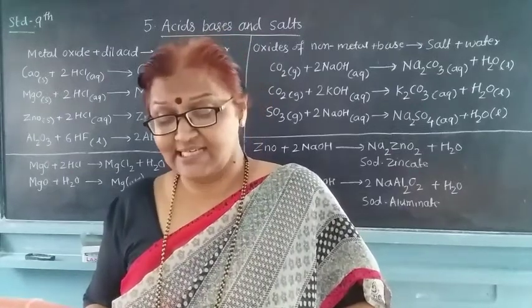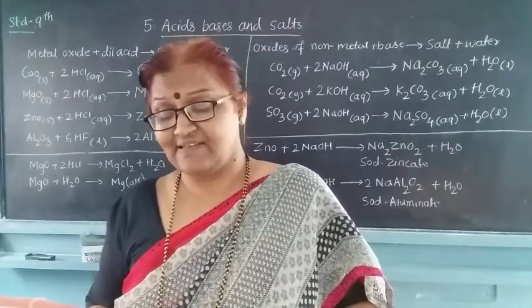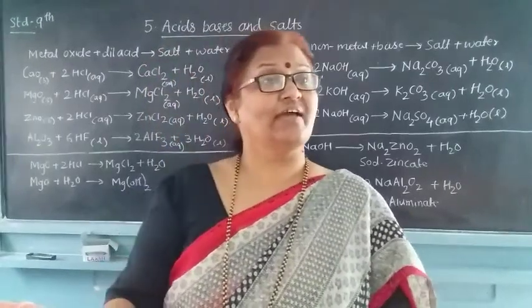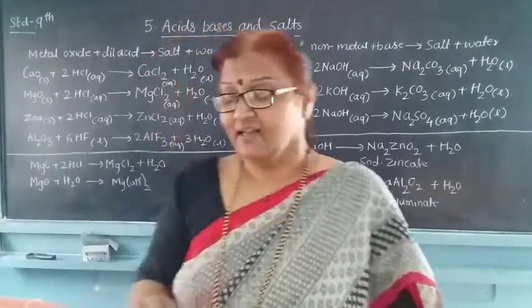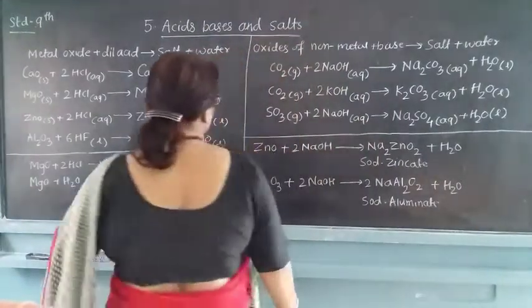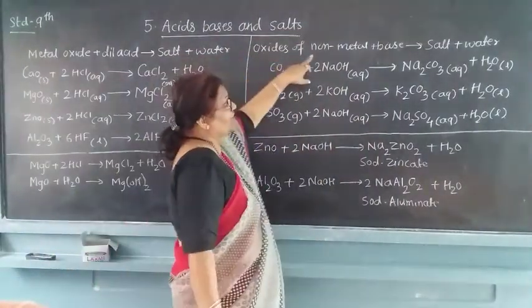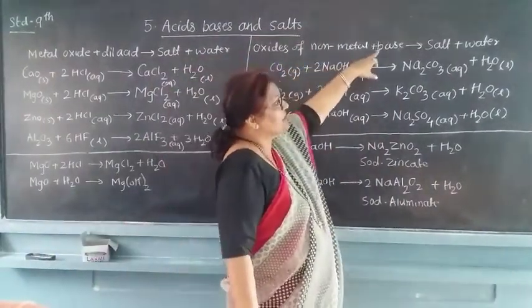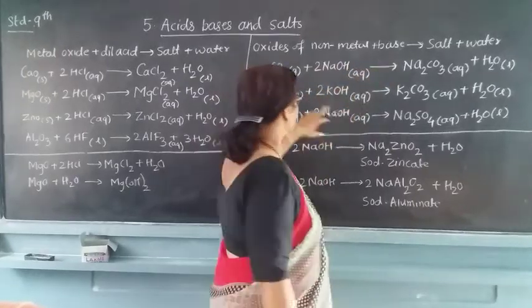Whenever the bases react with the oxides of the non-metals, they give salt plus water. Sometimes the oxides of non-metals themselves are said to be examples of an acid. See here, I have given the reaction. Oxide of non-metal plus base gives salt plus water.